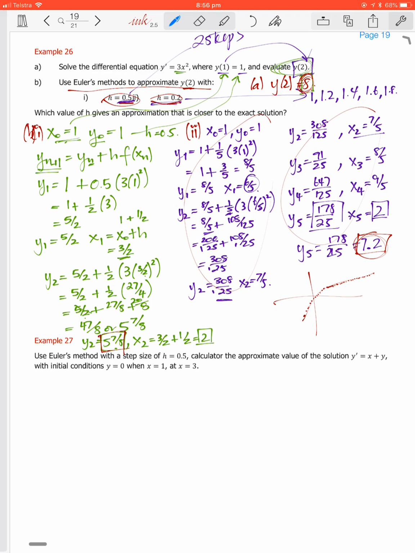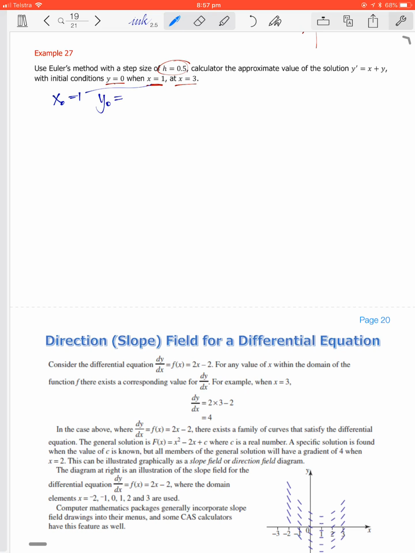So we'll start off by saying x0 is 1, y0 is 0. We know that h is a half, and we want to find f of 3. So we want to know when xn equals 3, what does yn equal?